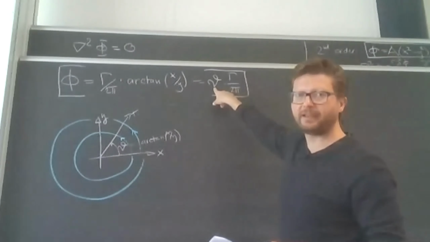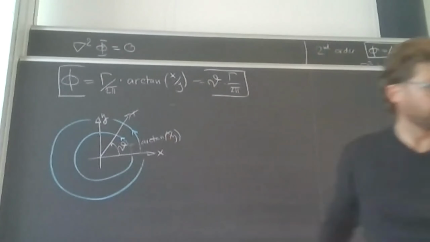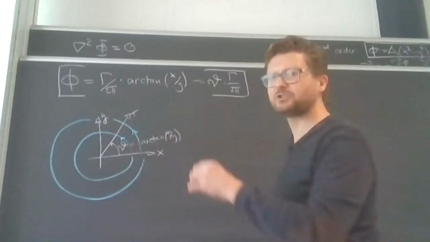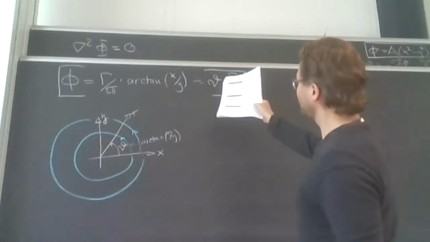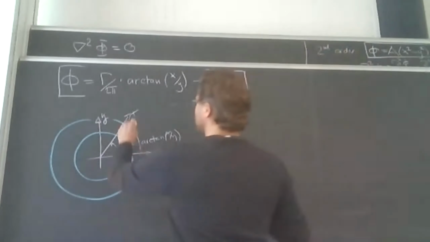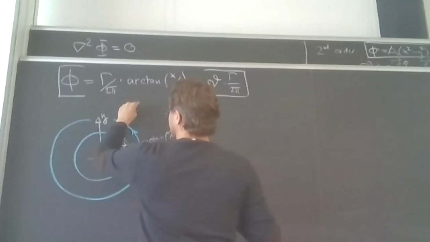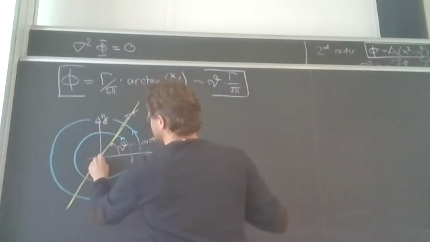So wherever theta is constant, we have an equipotential line. Equipotential lines, we usually draw in yellow. So lines where theta is constant are equipotential lines. Obviously, on a ray like that, phi is constant.